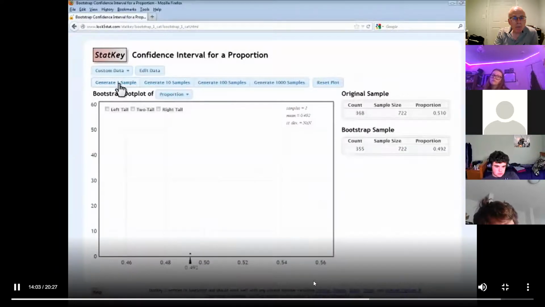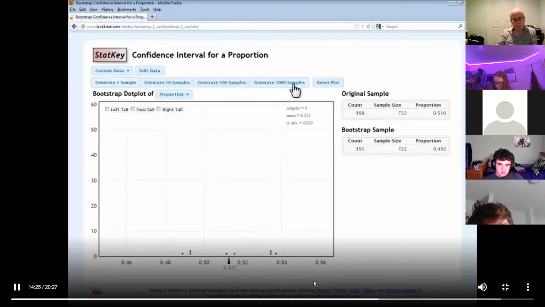We can generate a bootstrap statistic. It works exactly the same way, same sample size. Now we are sampling with replacement from voters who are picking either Obama or not Obama. And for this particular bootstrap sample, we got 355 out of 722 or 0.492, and it's plotted here. We can generate some more.